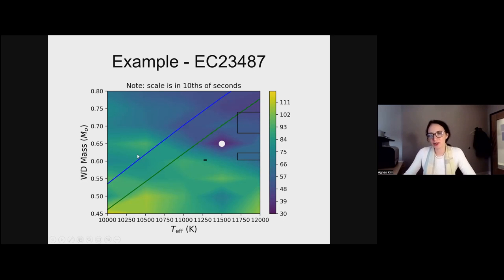And then what I've also plotted on here is the color mapping. This is a result of a period by period fit to the periods of EC23487, with dark blue being the best fit. And the location of this dot is where the best fit model is. So this is a case where it's not too bad.